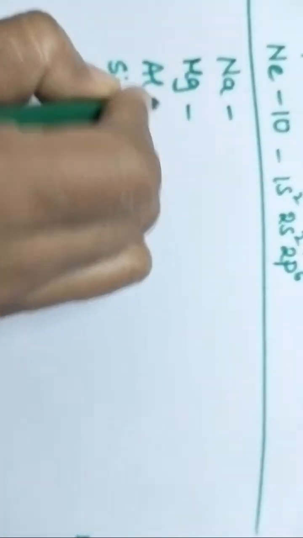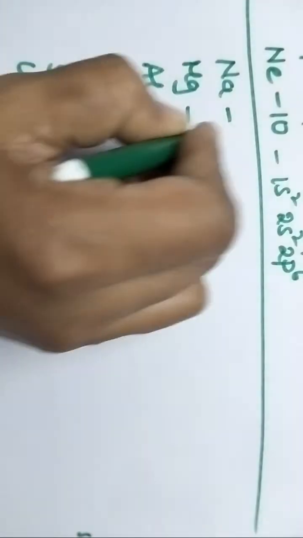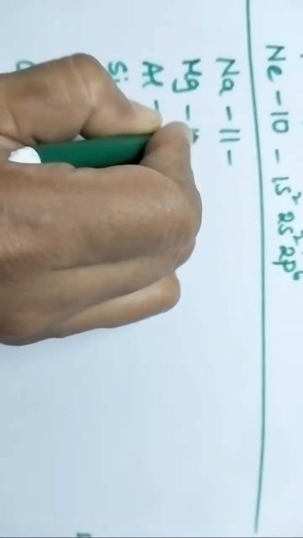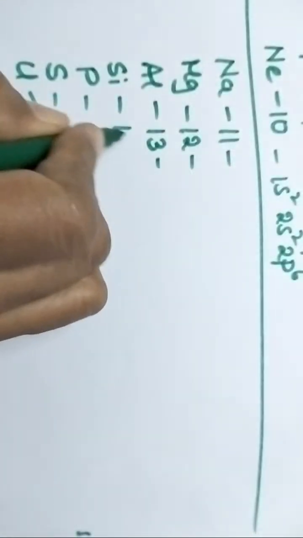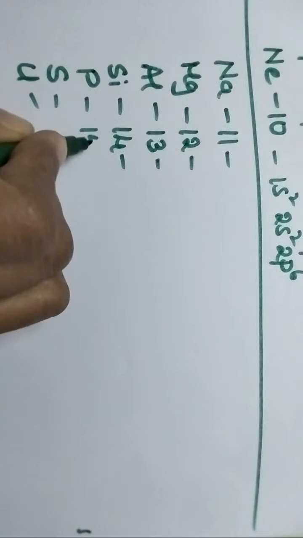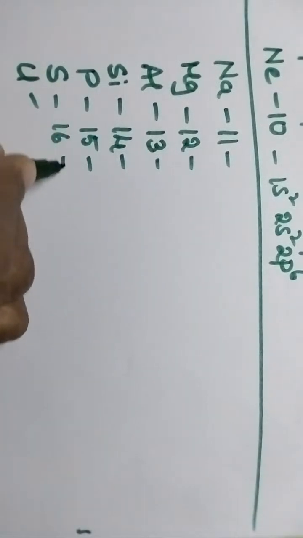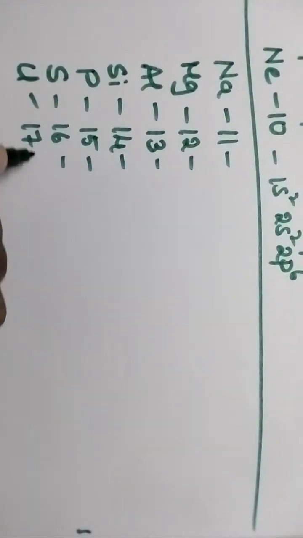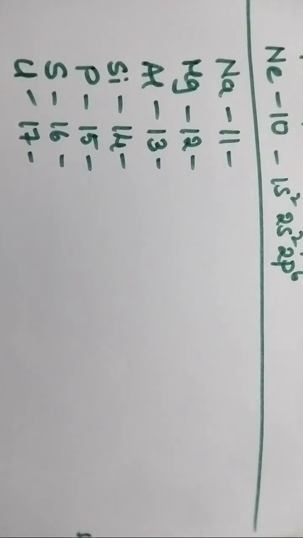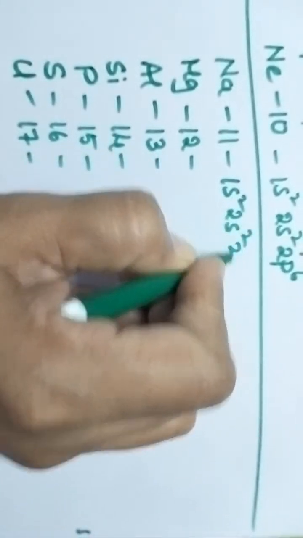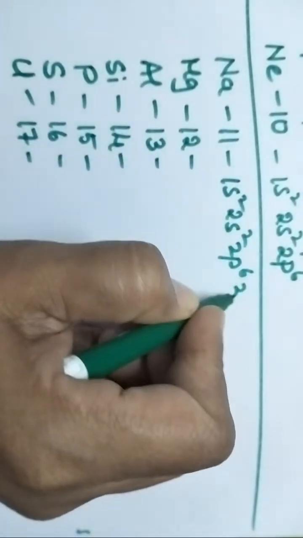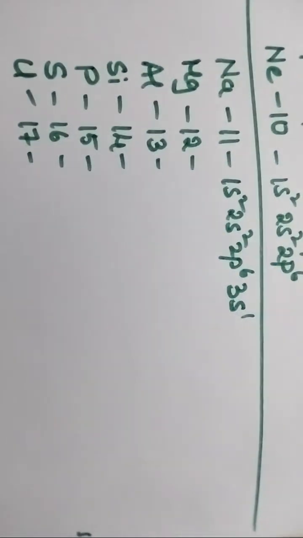So coming to the sodium, its atomic number is 11, magnesium 12, aluminium 13, silicon 14, phosphorus 15, sulfur 16, chlorine 17. And coming to the electronic configuration, sodium is 1s2, 2s2, 2p6 and 3s1.